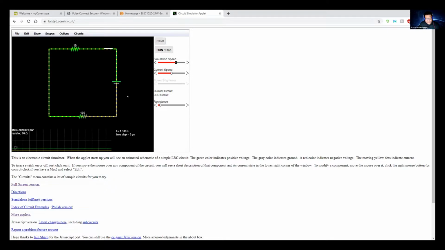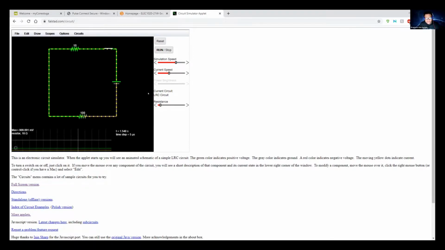So I'm going to click OK here. If I think it's a little dizzying to see the current flowing so quickly, right here on this slider I can control the speed of my current. So I'm going to slow down my current a little bit, and now it's much easier to see how your current flows.